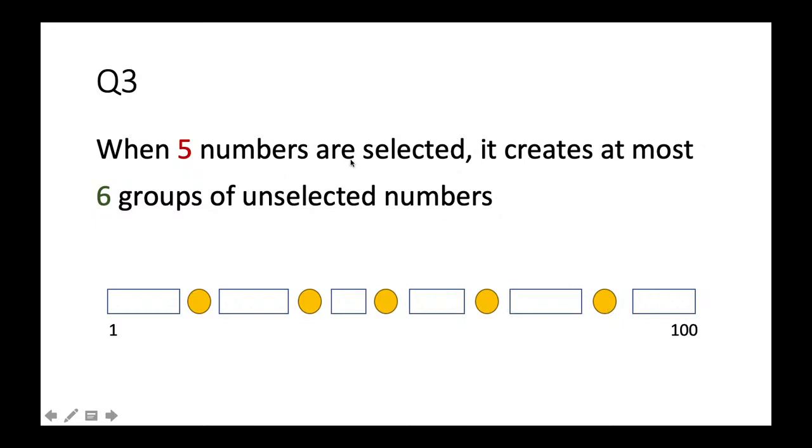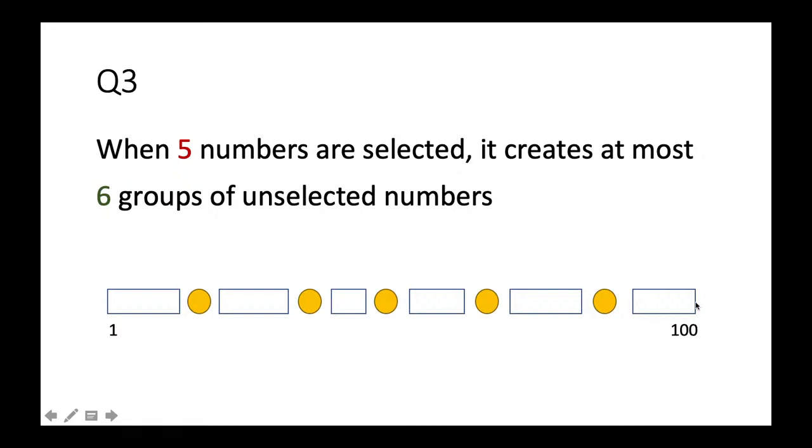When we select 5 numbers, it will create 6 groups of numbers that are not selected. Some of the groups could contain no numbers, but there are going to be at most 6 groups. We call them group 0, group 1, group 2, group 3, group 4, group 5.